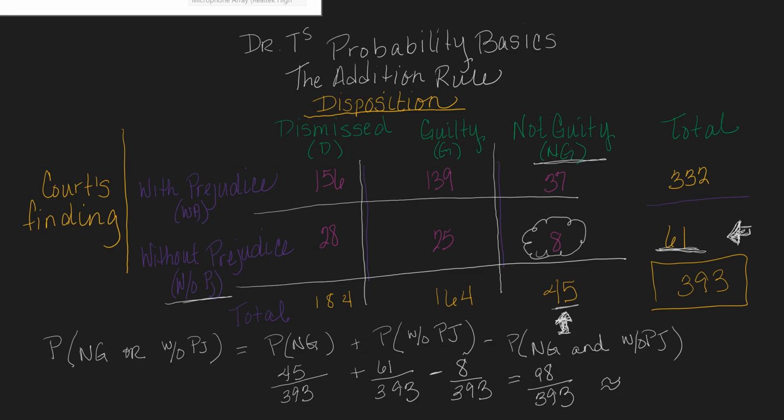And the probability is roughly 0.249 that we randomly pull a case, well, one at least, and find that in that case there was a not guilty disposition and the court found that without prejudice.